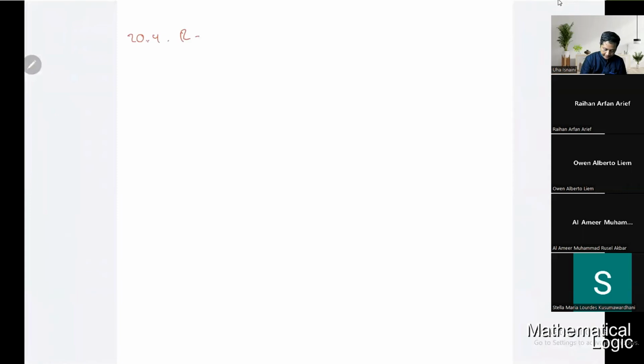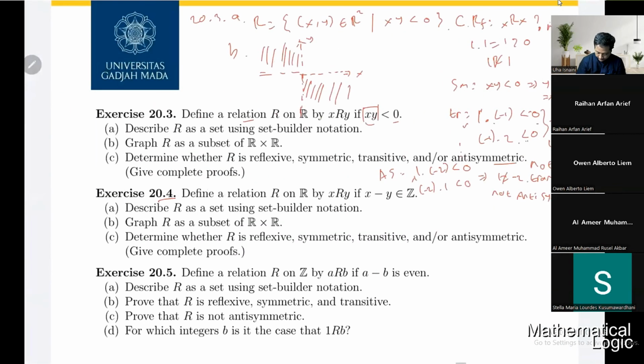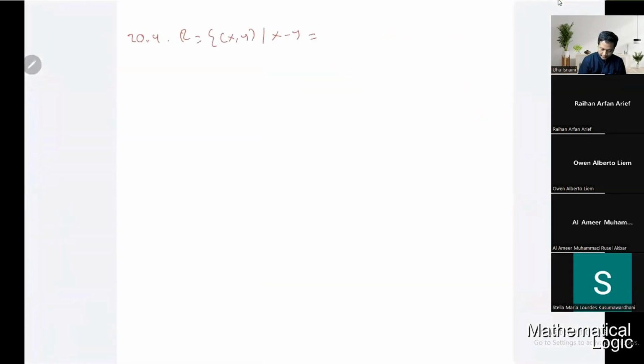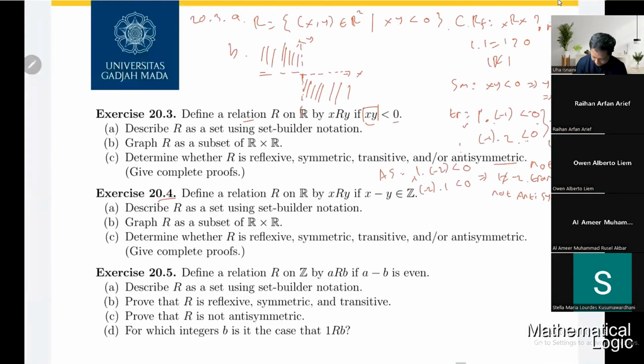So our R is the set of x, y where x minus y is in Z, so the difference is an integer. And then we want to graph them.